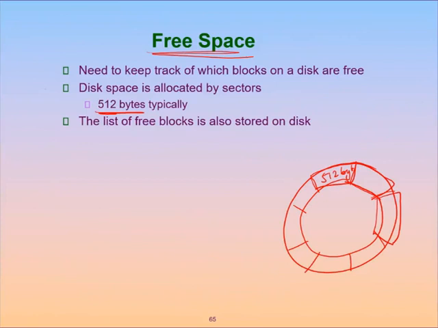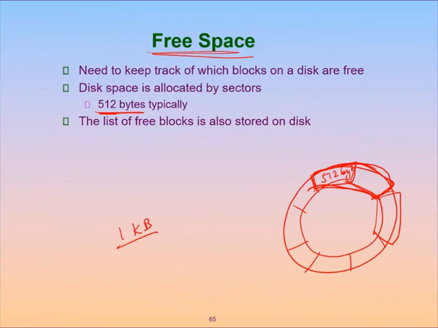Here I am using sectors and blocks interchangeably. It may be possible that a group of sectors is considered one block. So the block size may be 1 KB and the sector size 512 bytes, which means two sectors combined form one block. Anyway, a block is nothing but a logical sector, you can say, where information will be stored.